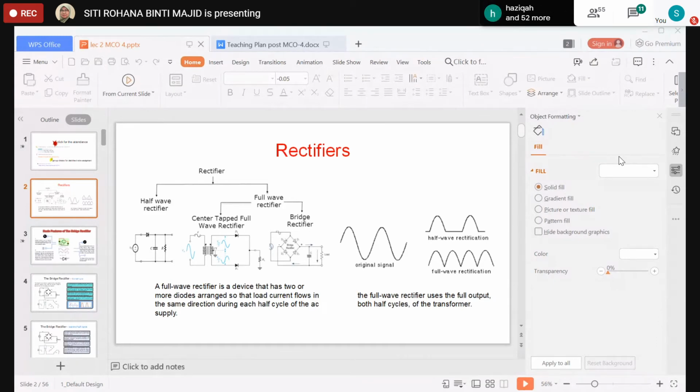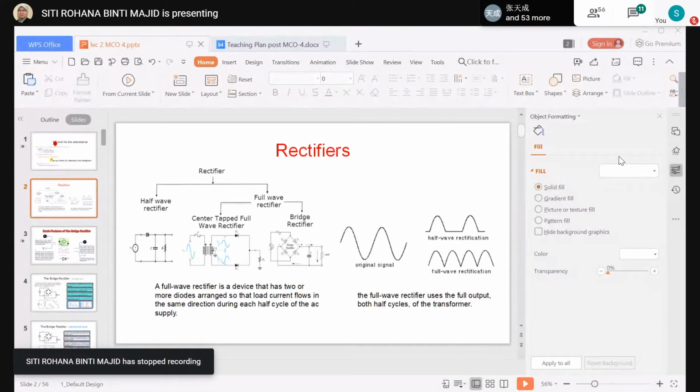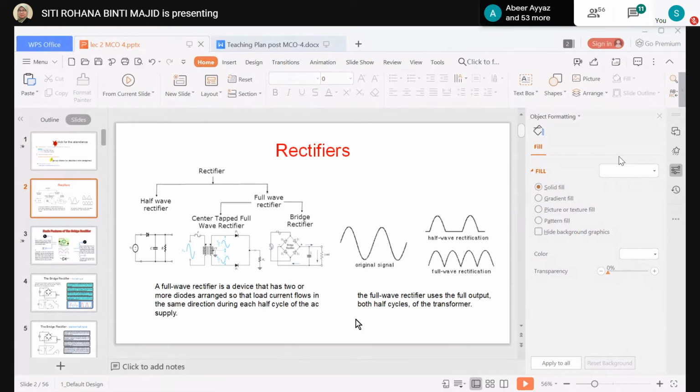Is the slide moving? No, doctor. I think it is because you pressed present slide on the PowerPoint. Like last week we already did the same thing, right? I thought I wanted to record. Maybe I stop recording. How about like this?